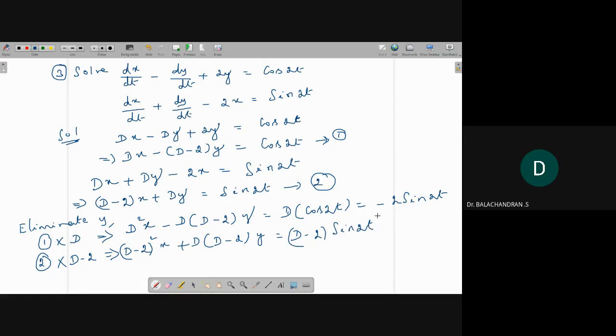So this is actually equal to D of sine 2t, which is 2 cos 2t, minus 2 sine 2t.